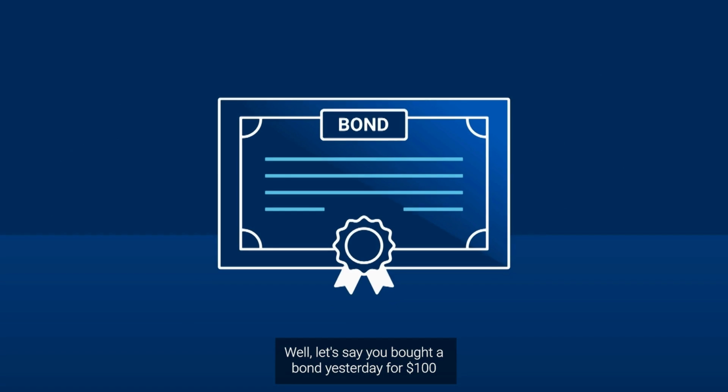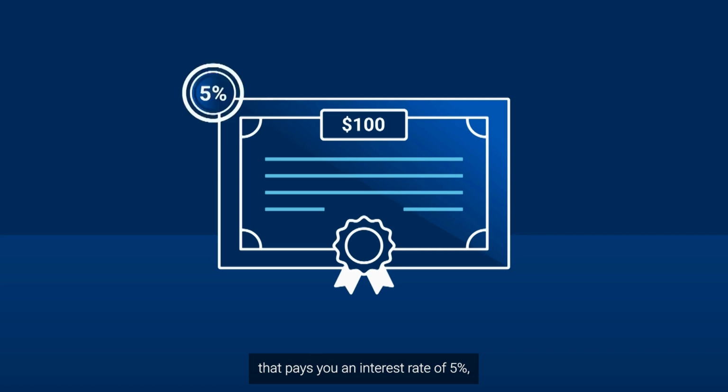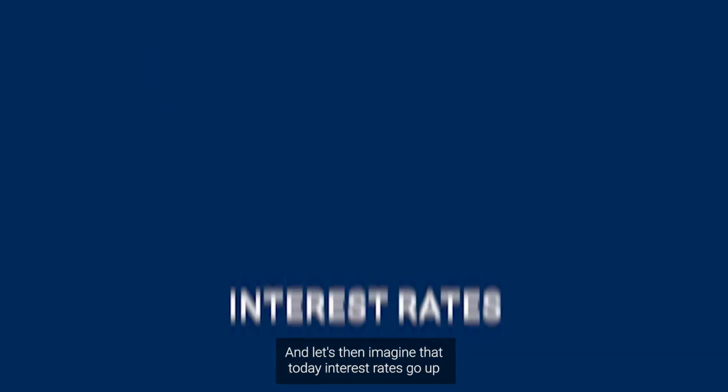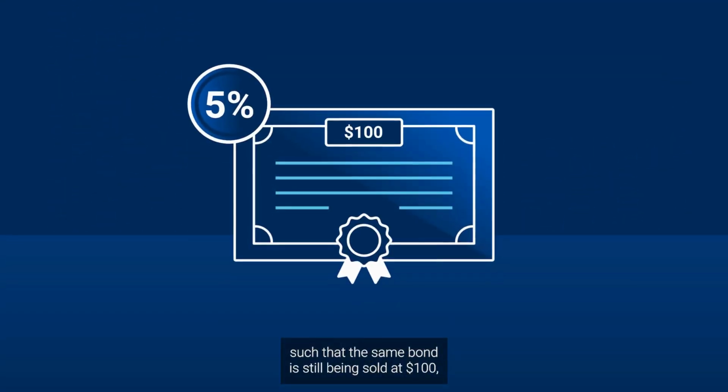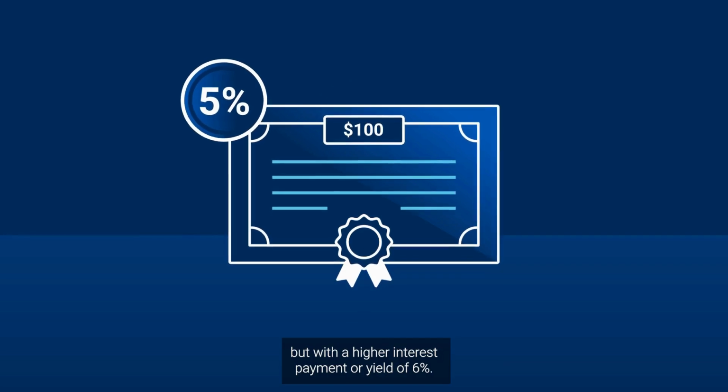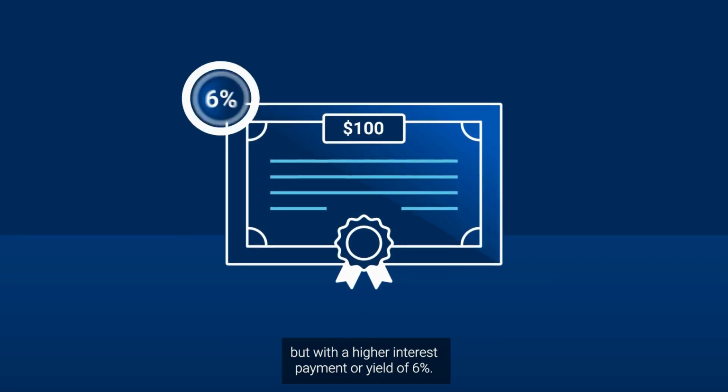Well, let's say you bought a bond yesterday for $100 that pays you an interest rate of 5%. And let's then imagine that today interest rates go up, such that the same bond is still being sold at $100 but with a higher interest payment or yield of 6%.